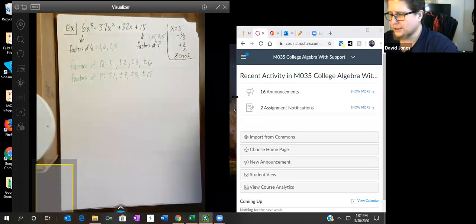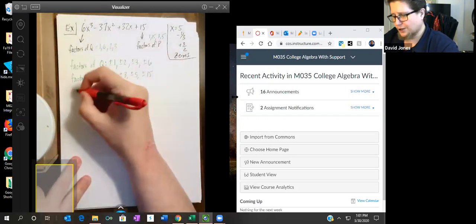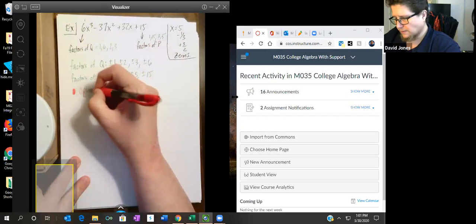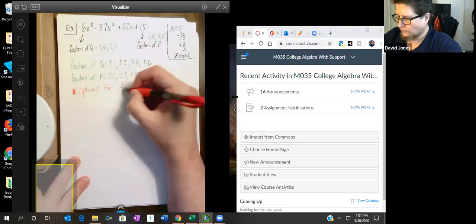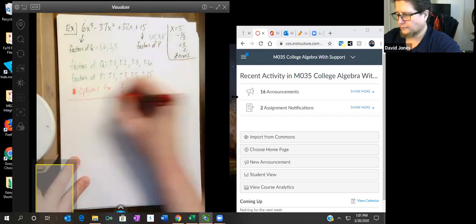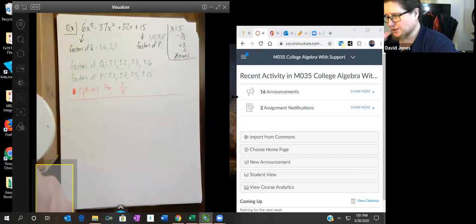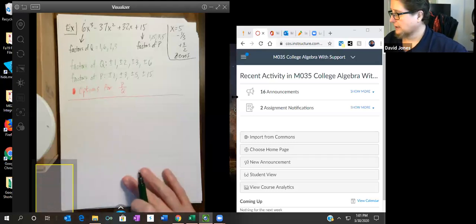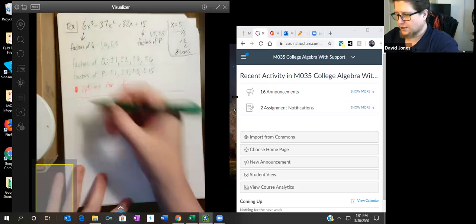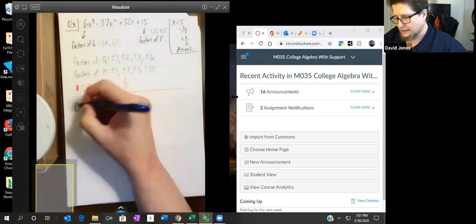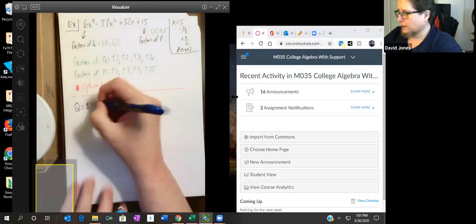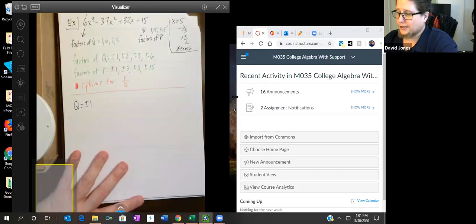And so now let's look at our options for P over Q. Sometimes it helps to stay with one denominator and go through it. So let's look at Q equals 1. And it can be the plus or minus 1 because I'm going to just list all the plus or minus answers.